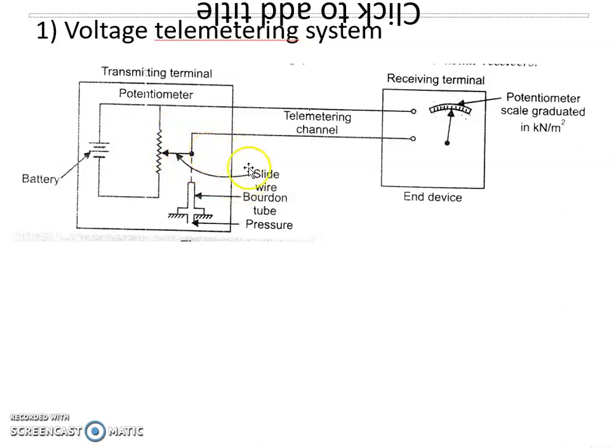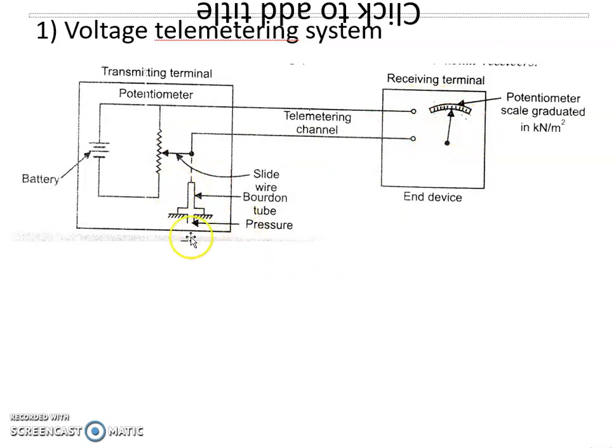Consequently the voltage changes at the transmitting end, and this voltage is carried by the telemetering channel to the receiving terminal, where it is measured with the help of a null balanced DC potentiometer indicator, which is calibrated in terms of pressure scale, or it can also be recorded.